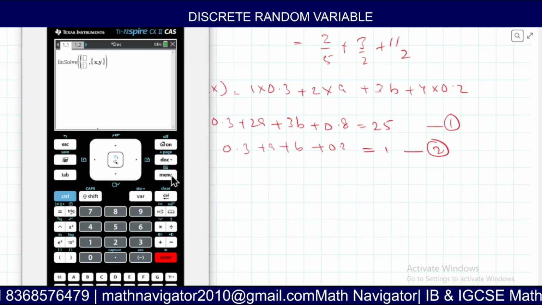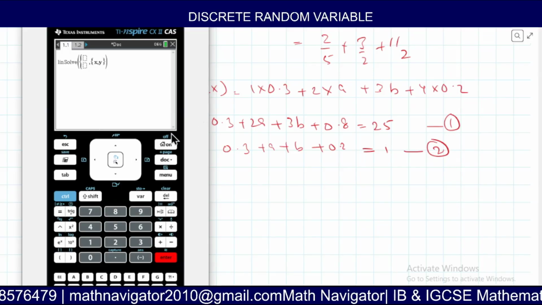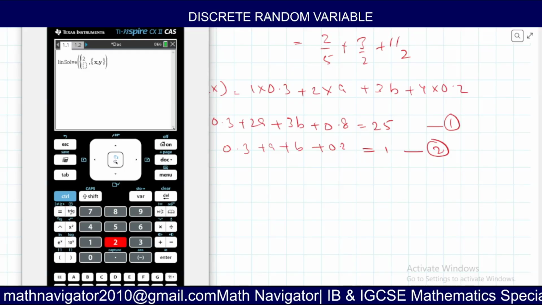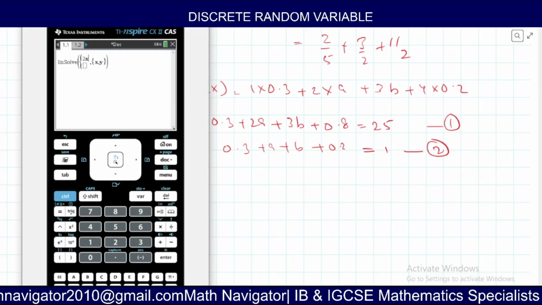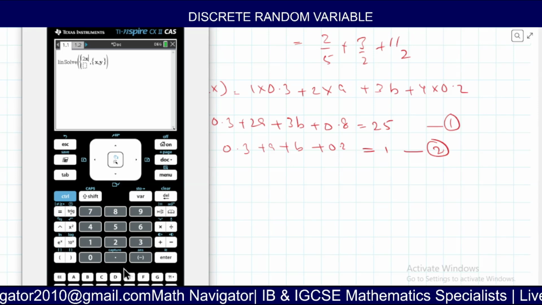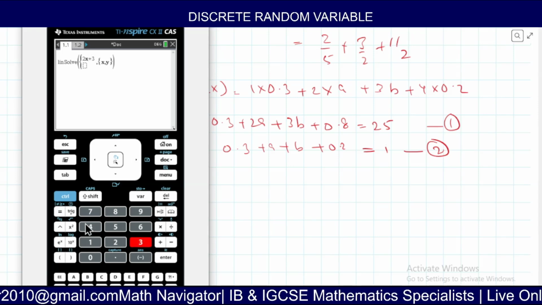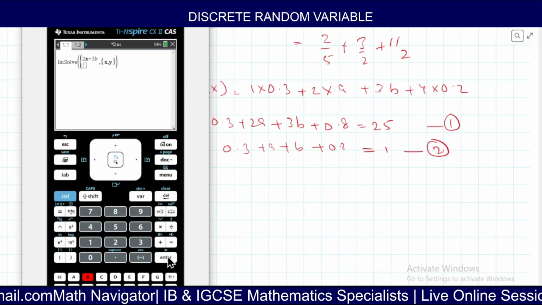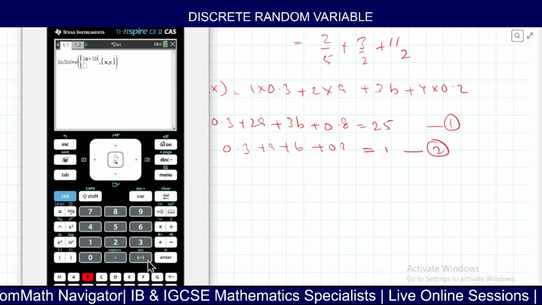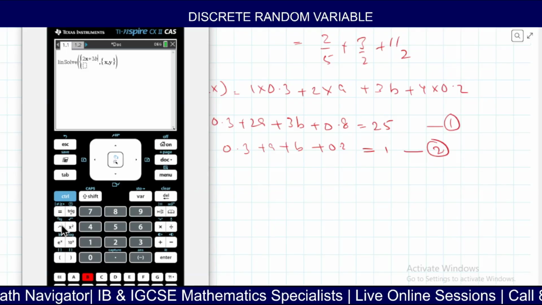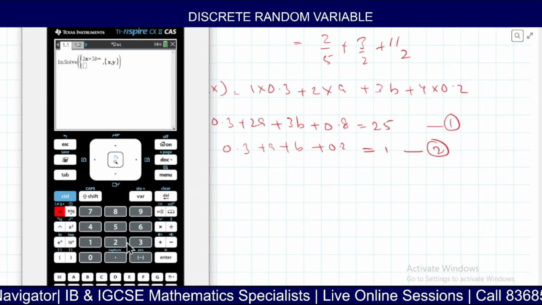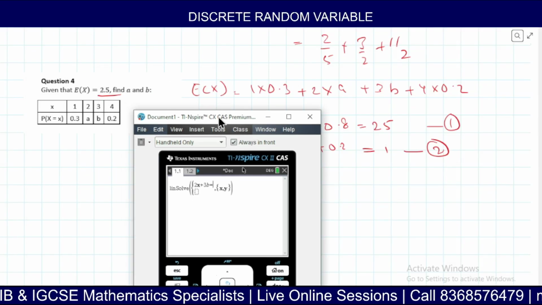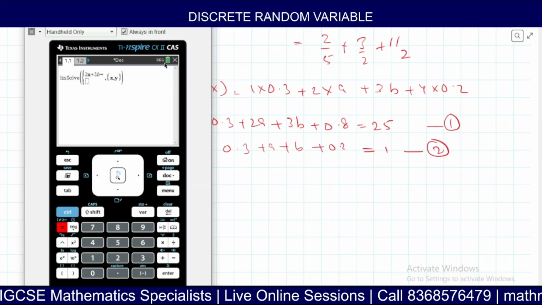So you got two equations in x and y. I'll consider A and B as X and Y. So I'll write 2X plus 3B, B is equal to, what was my thing, just a moment. It was 2.5, not 25, so I'll make it correct.